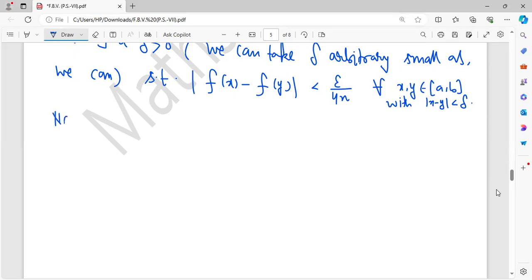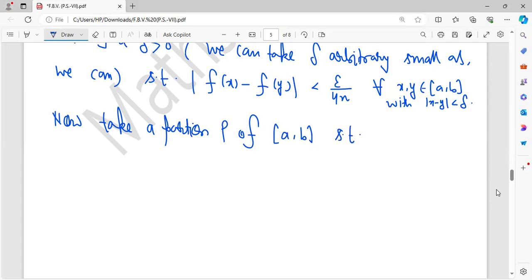Now take a partition P of [a,b] such that norm of P is less than delta.